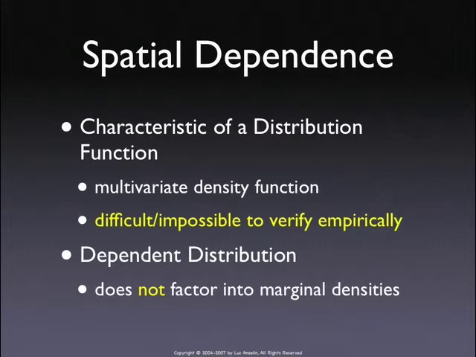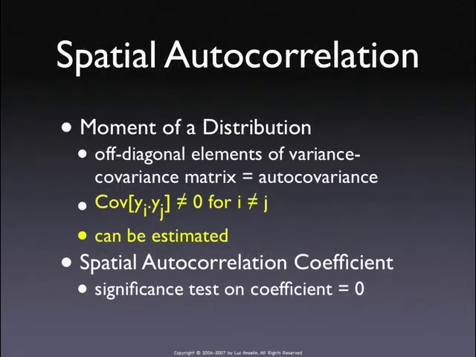Okay, that is something, we have some data, we get this semi-variogram, that tells us something about the spatial autocorrelation in the data. The spatial dependence as such doesn't really tell us what is going on in the data. And to get at that, we use the notion of spatial autocorrelation, which is specifically a moment, a characteristic of a distribution.